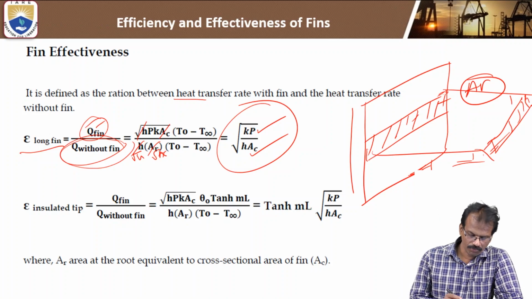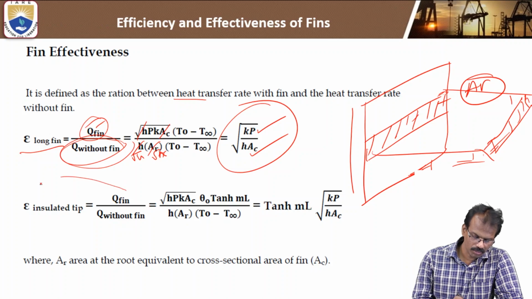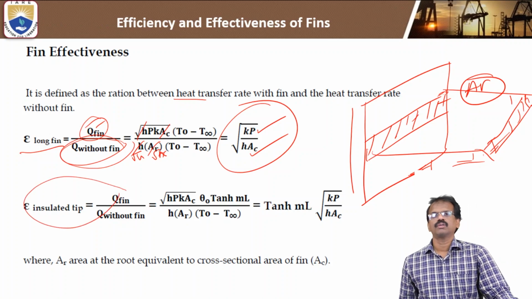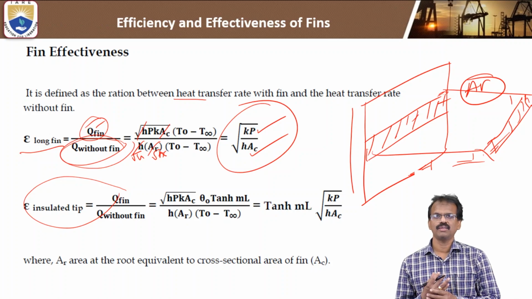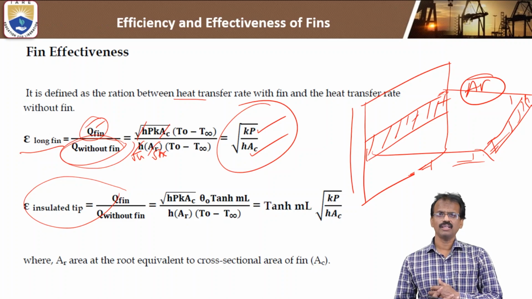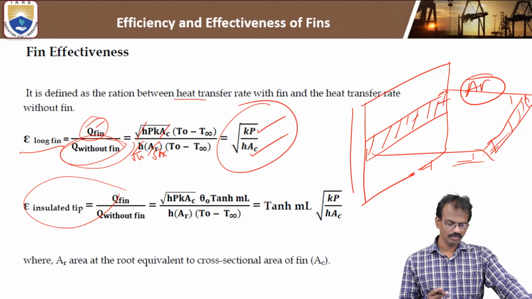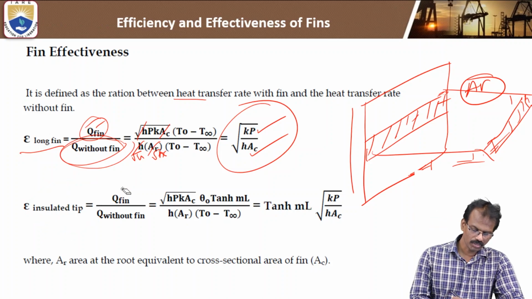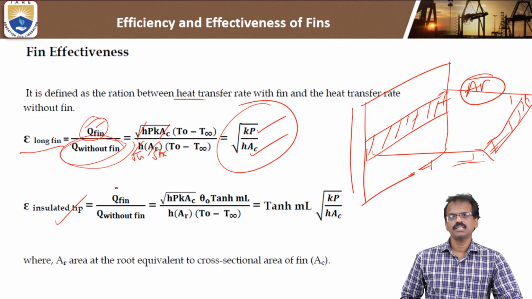Next, effectiveness of insulated end fin. You know the ratio of heat loss with fin to heat loss without fin shows the effectiveness. So the effectiveness for insulated end tip is Q fin, the heat dissipation by fin.